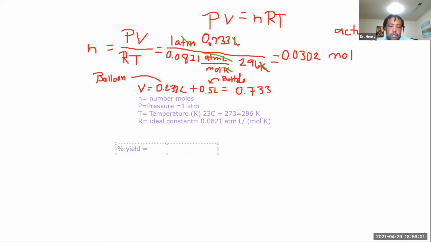Okay, so to calculate percent yield, it's going to equal actual divided by theoretical, times 100. Okay, so my actual was this value. My theoretical, anybody remember my theoretical?